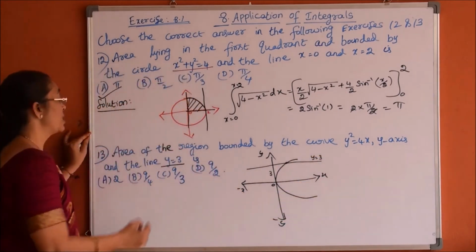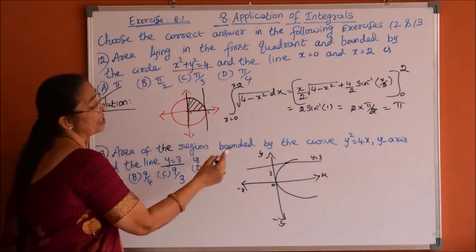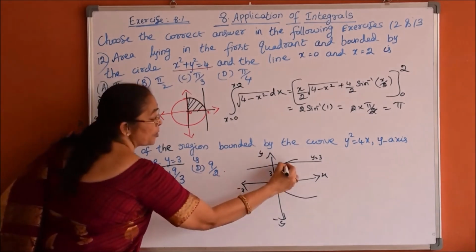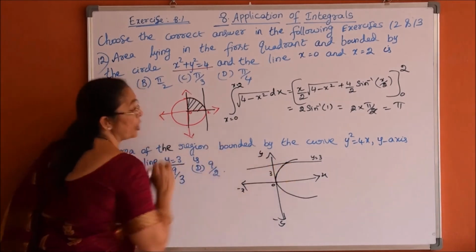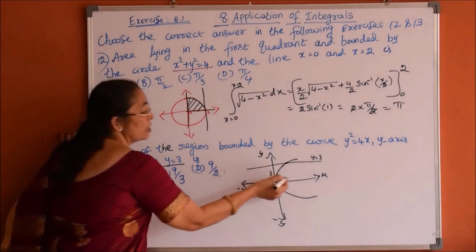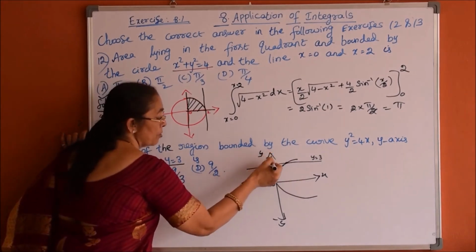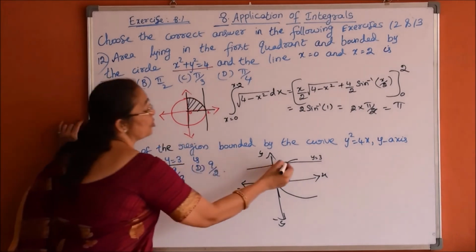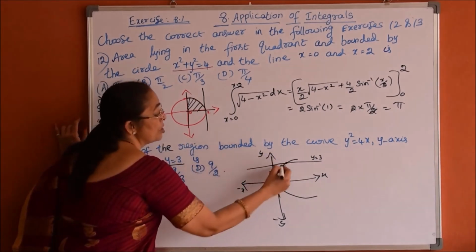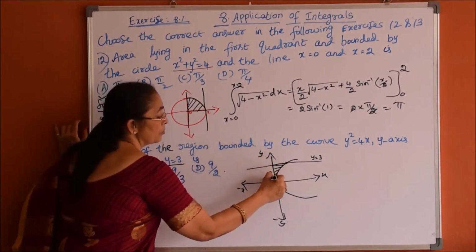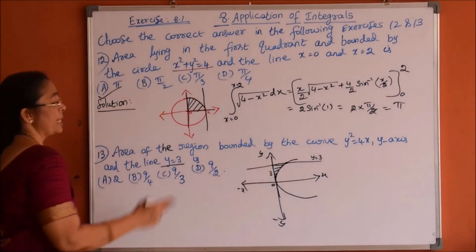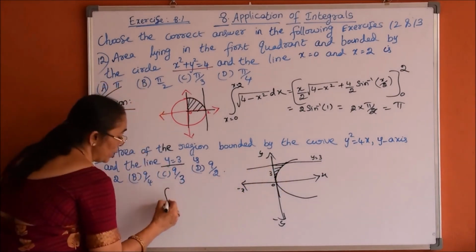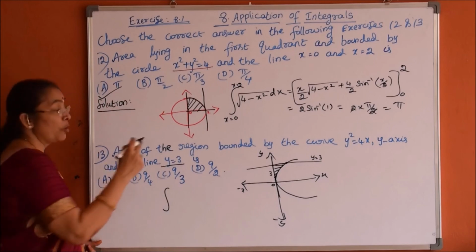Now, the question is area of the region bounded by the curve, portion is here, y square is equal to 4x, y axis, here y axis, this part, y axis, next the line y is equal to 3, this is the line y is equal to 3. So, we need this area. So, this area is nothing but integration of, we will write with y axis we are finding.